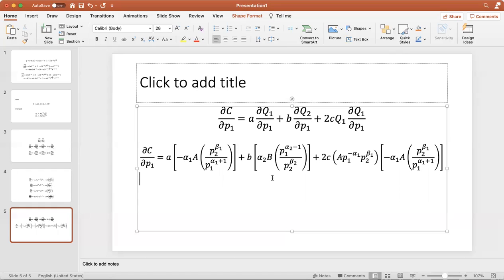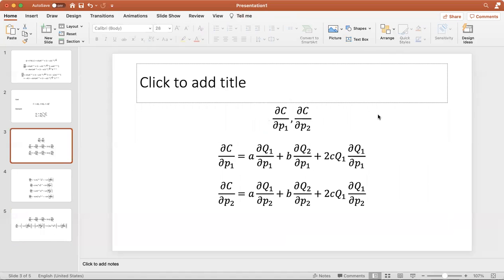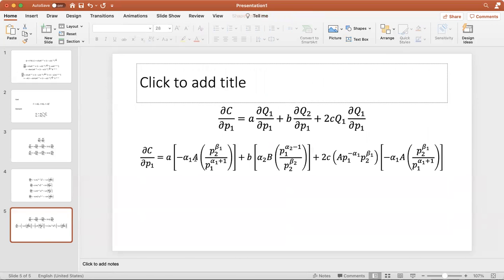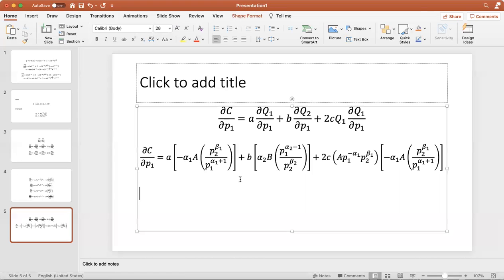You cannot factor some of the items out. So normally that's fine. This should be fine. So for the partial of C with respect to P2, again, it's just a matter of substituting terms. So this is your partial of C with respect to P1. Let's type in the partial of C with respect to P2.